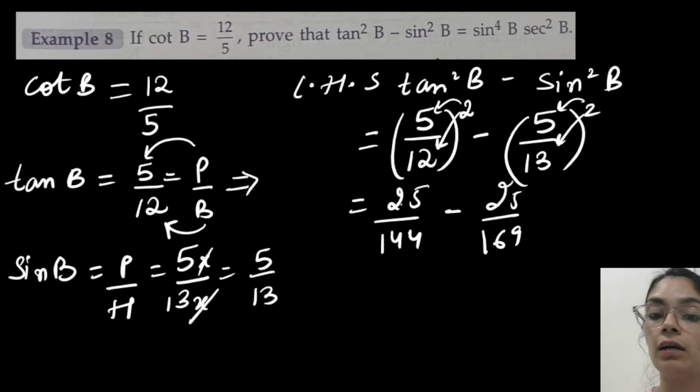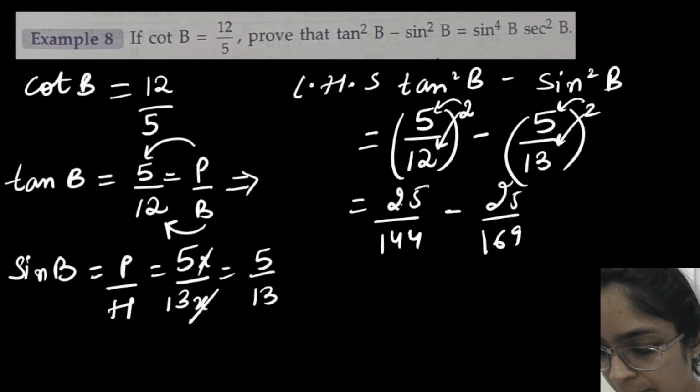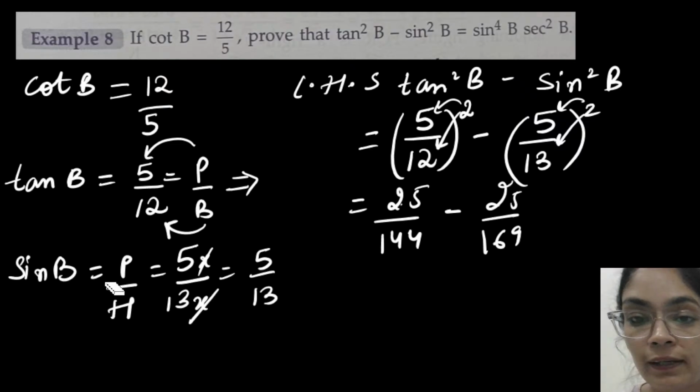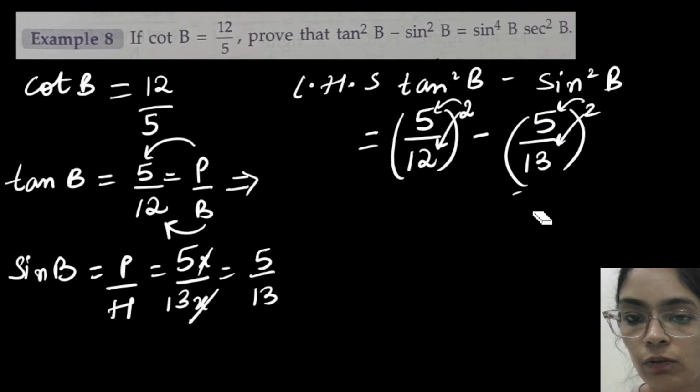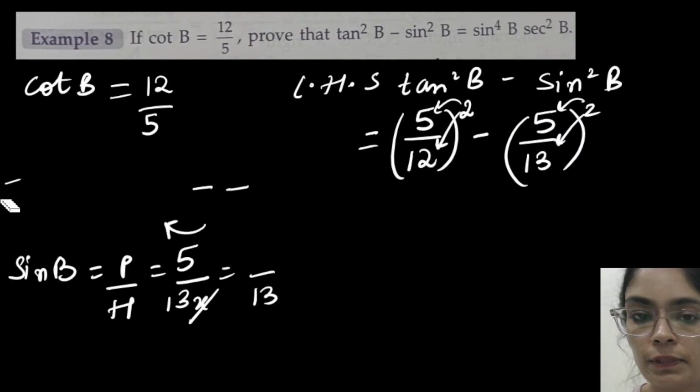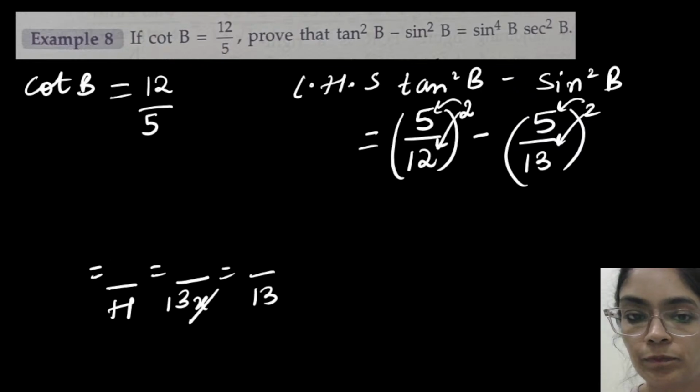Yes, if a and b both, but denominator is different, it does not make any difference. We can apply. It does not make any difference here. We know this thing a square minus b square, so we can apply.